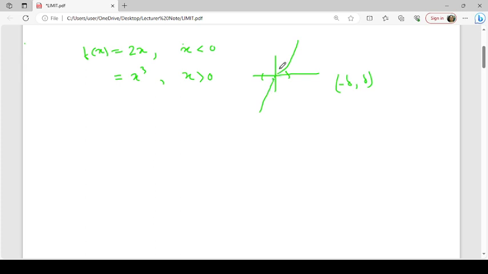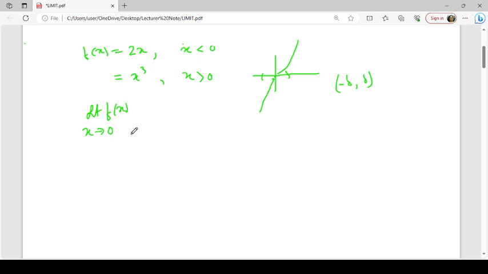So when we are to find the limit of f(x) as x tends to 0, in the neighborhood of this, we need to write left hand limit and right hand limit, because the functions are different.